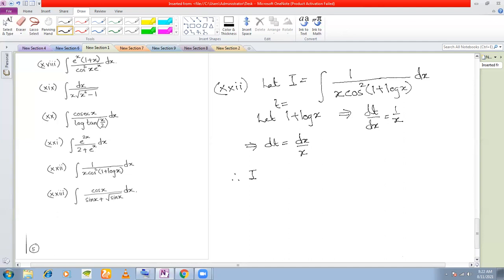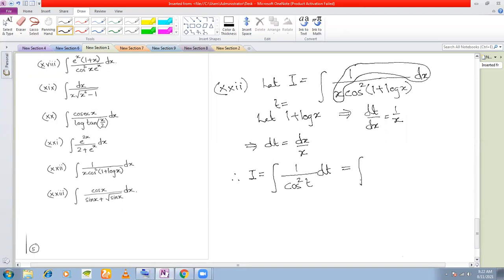Therefore, I will now become this 1 by x and this dx, this entire part is your dt, right? So this becomes 1 by cos square t dt.